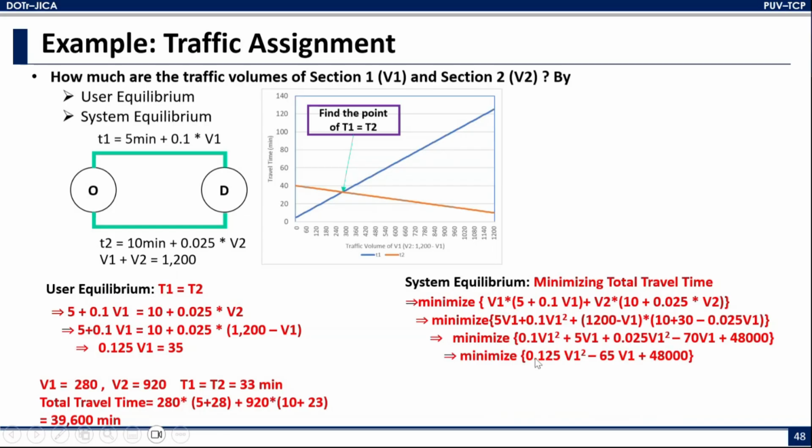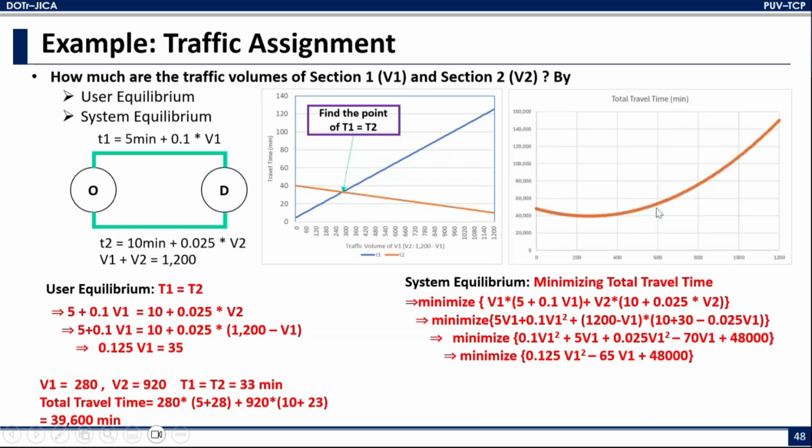Maybe if you run some mathematics, you can see such a kind of curve. And the system equilibrium is to find the shortest total travel times.